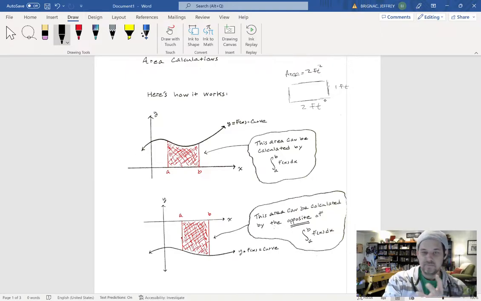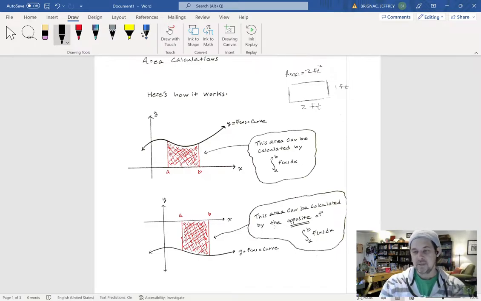It means if measurements were involved, if on my graph I had units, maybe every mark was a centimeter or a millimeter or something like that, then the definite integral's area calculation is going to be in square units of some kind. It's going to tell me how big the space that I'm referring to is in square units.